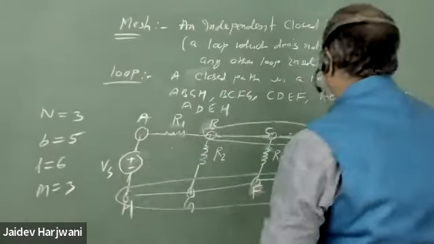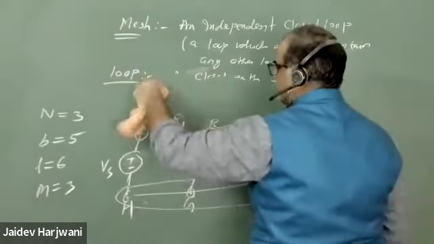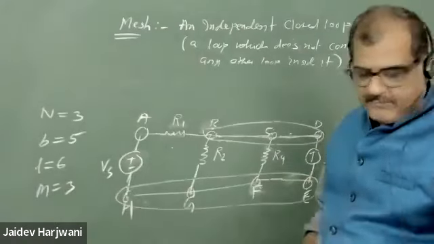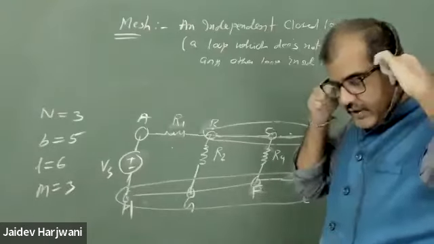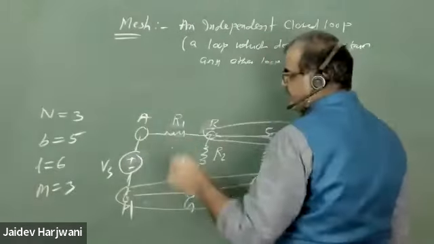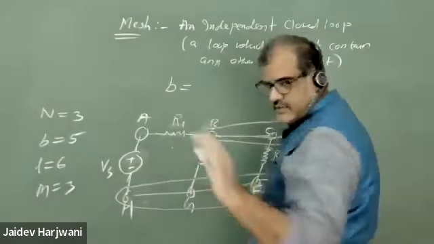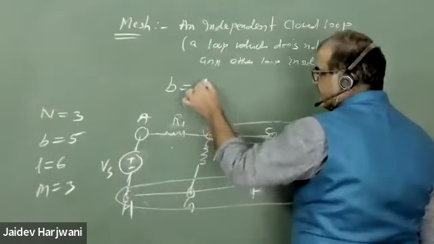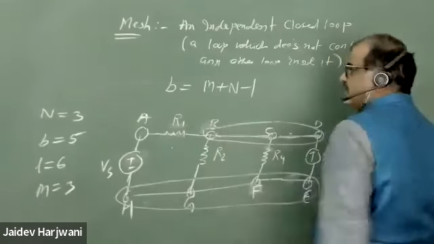Once we have defined these terms, let me give an important theorem from circuit topography. From this comes a relation for the number of branches of any network, the general equation: number of branches is equal to number of meshes plus number of nodes minus 1.